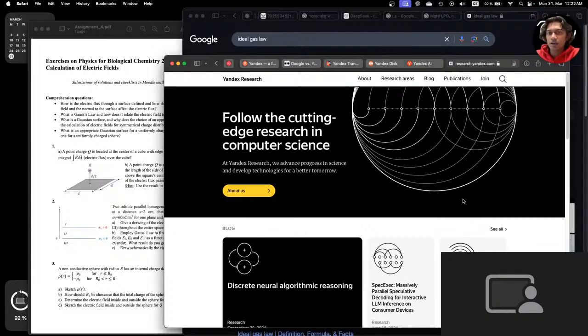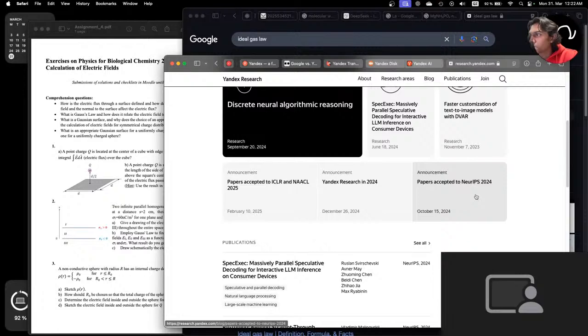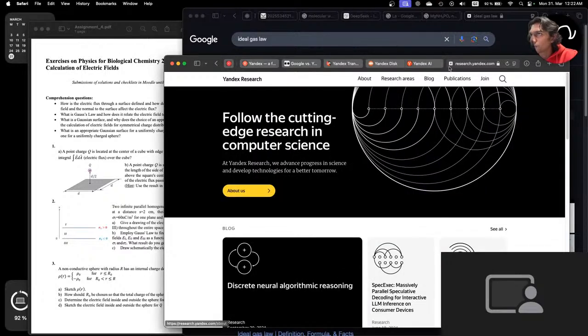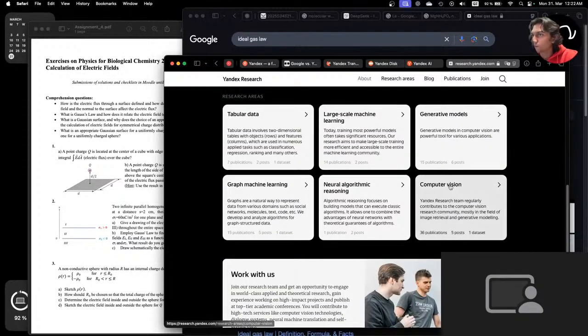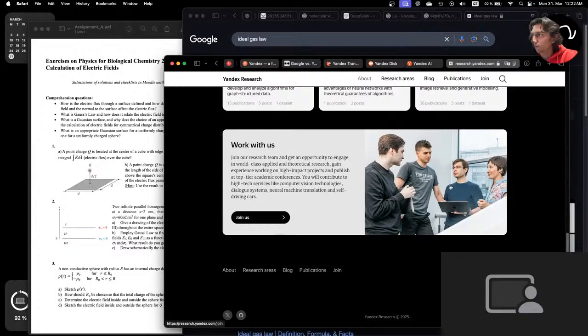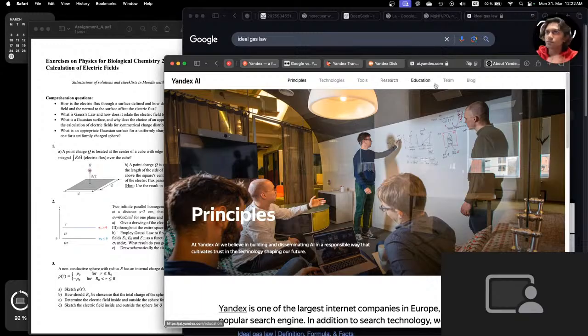To get AI, you have to download it. Okay. I did not know Russia has a lot of things figured. Interesting. Let me see if it's in the App Store.